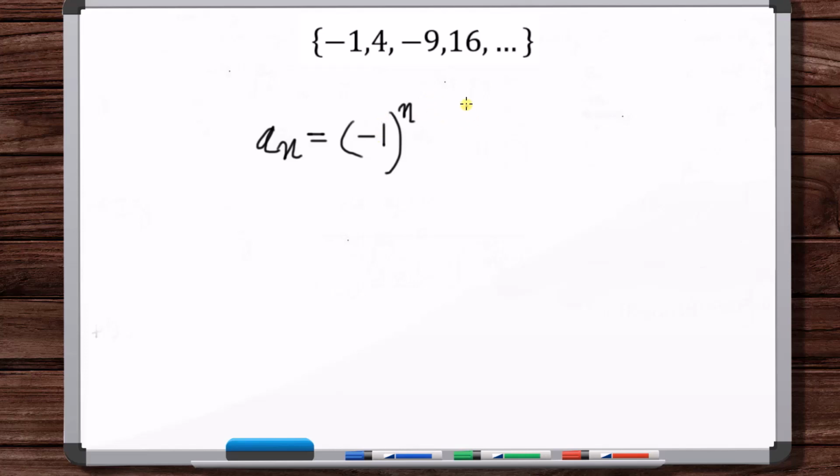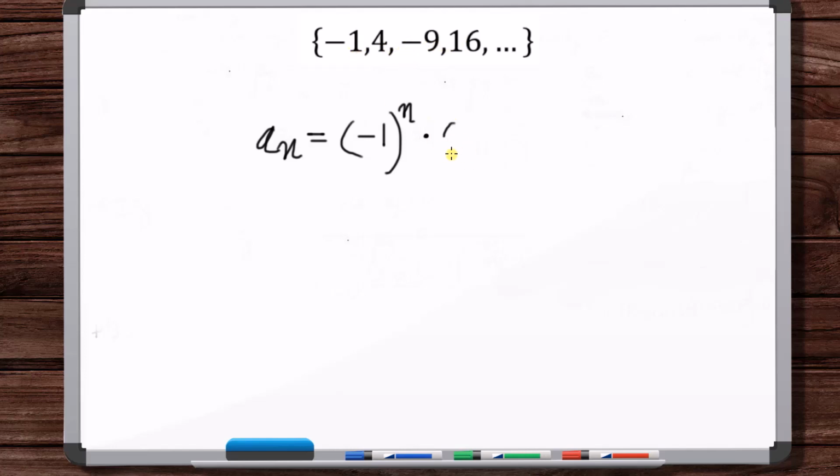Okay, so now we've got our alternating sequence accounted for. So now just look at the absolute values of these numbers and determine the sequence, right? Because you can ignore the alternating sequence now because this takes care of it. So what do we have? 1, 4, 9, 16. Okay, well, 2 squared is 4, 3 squared is 9, 4 squared is 16. And then 1 squared is 1.